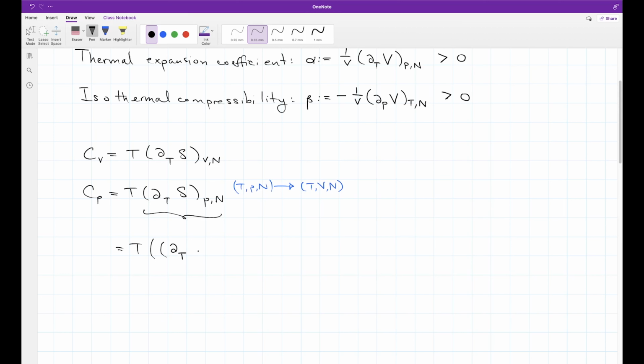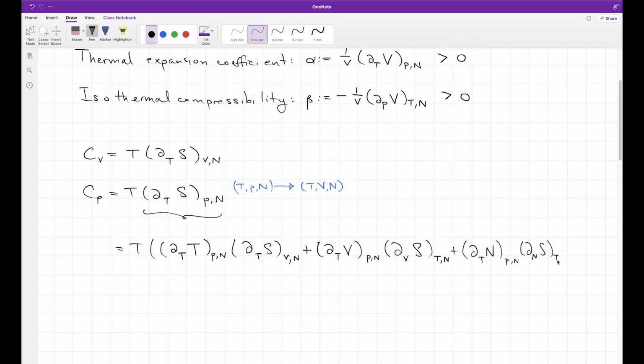So we're going to get the partial T of T, fixing P and N, times the partial T of S, fixing V and N, plus partial T of V, fixing P and N, times partial V of S while fixing T and N, plus partial T of N, fixing P and N, times partial N of S fixing T and V. Good.